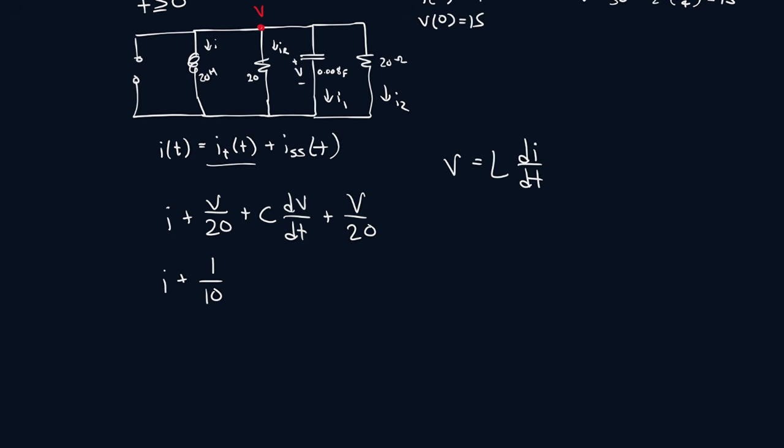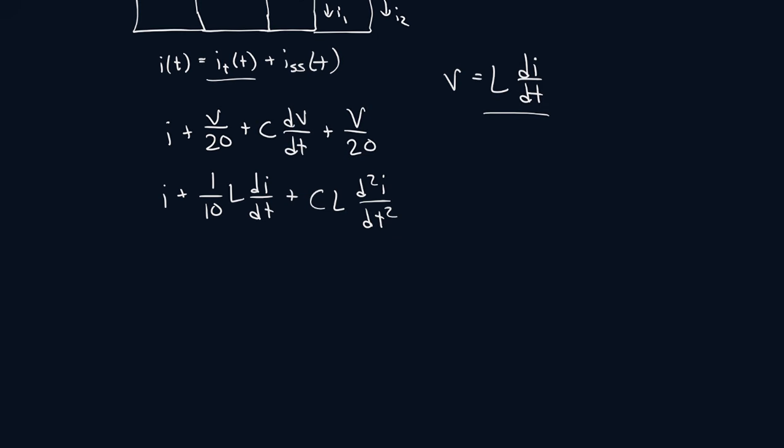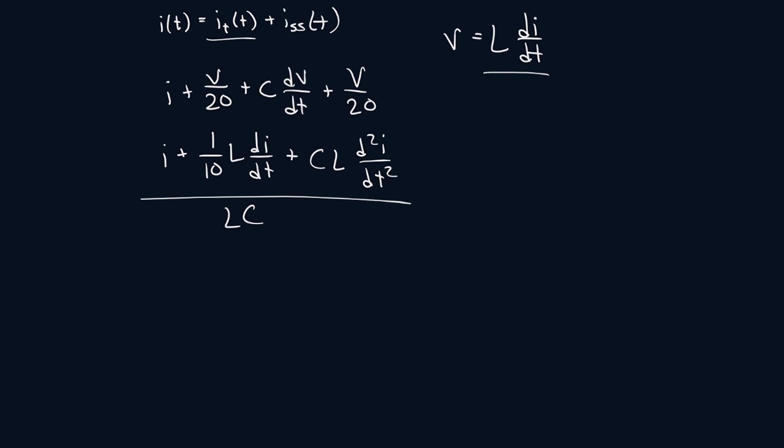And I'm just going to plug in L di over dt plus C times the derivative of this, which will be L d squared I over dt squared. Now I'm going to divide everything on both sides by LC. So it'll be d squared I over dt squared plus 1 over 10C di over dt plus I.